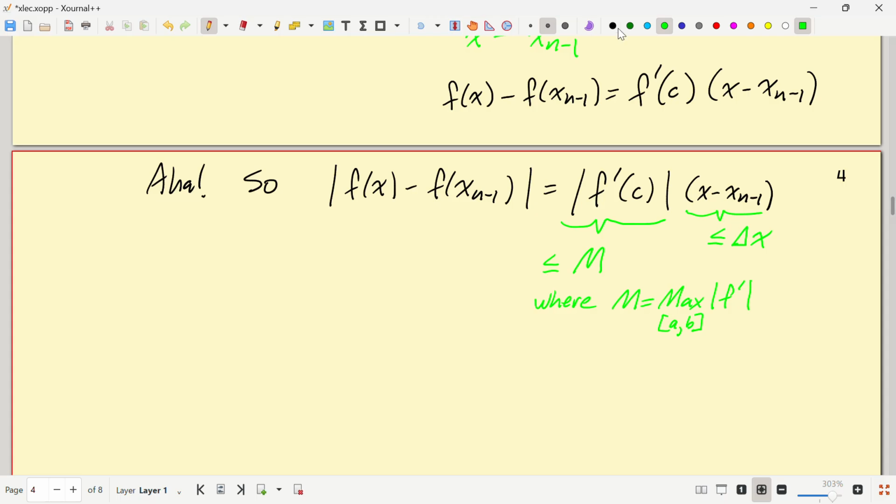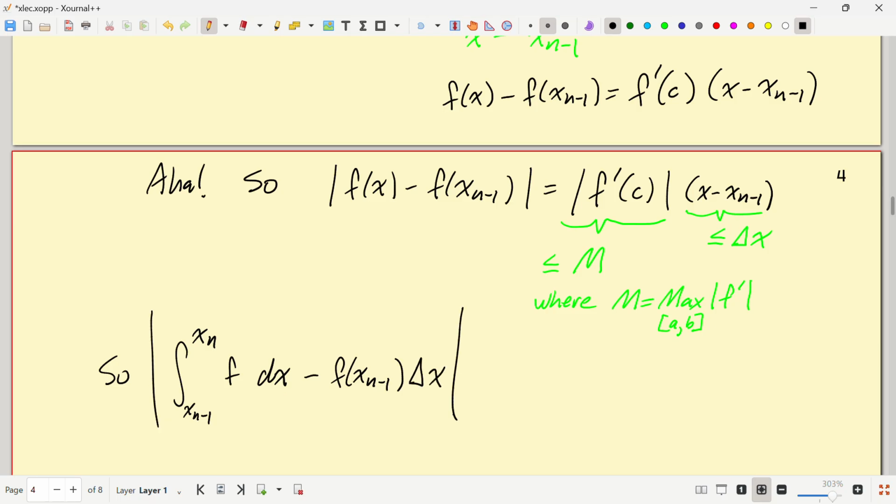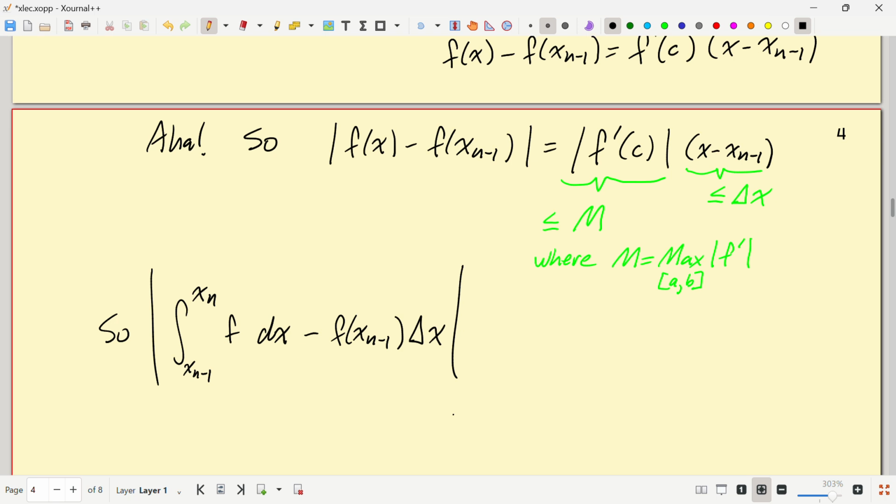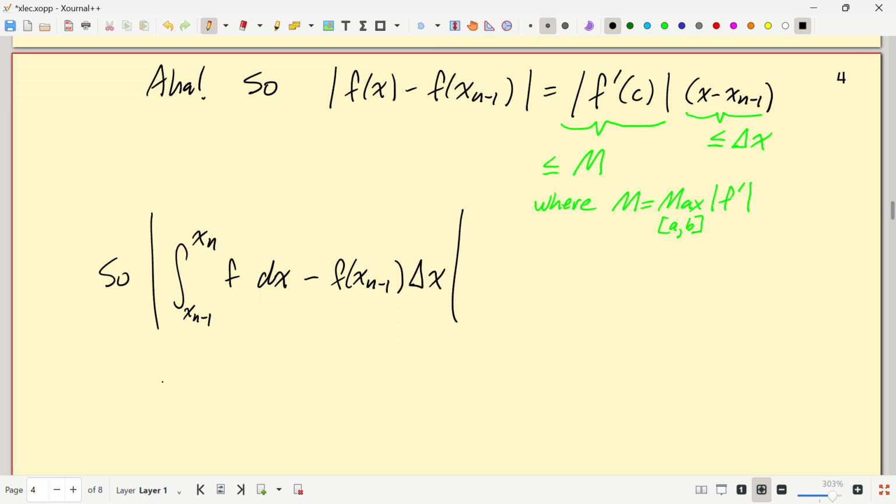And so when I estimate that integral, the integral from x_{n-1} to x_n of f dx, let's see, the thing was minus f of x_{n-1} delta x. When I use that, it's less than or equal to the integral from x_{n-1} to x_n of the absolute value of that stuff.